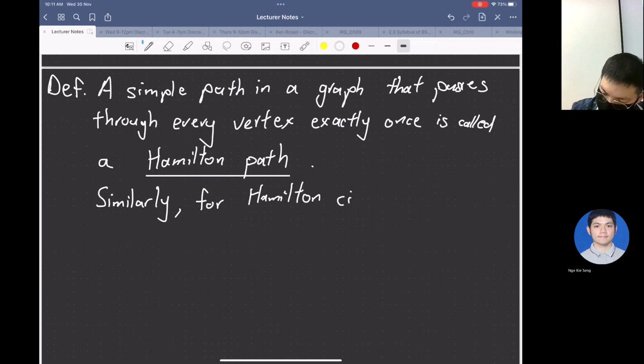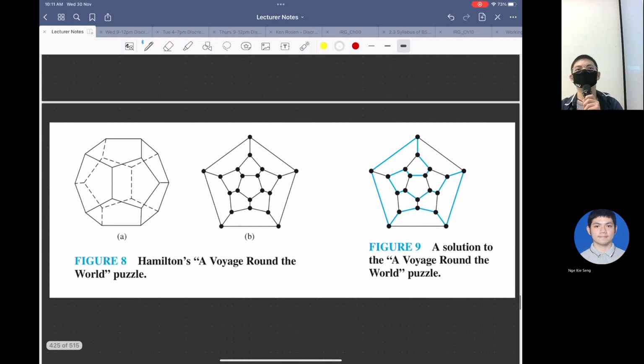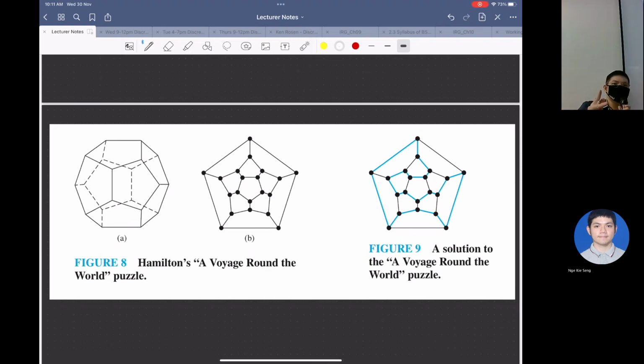This question grew out of Hamilton's puzzle. Hamilton wanted to visit 20 cities without revisiting any city. So he drew these cities and linked them together, and got this dodecahedron. He put the cities on the vertices, so there are 20 of them.